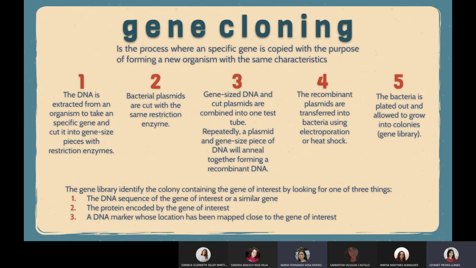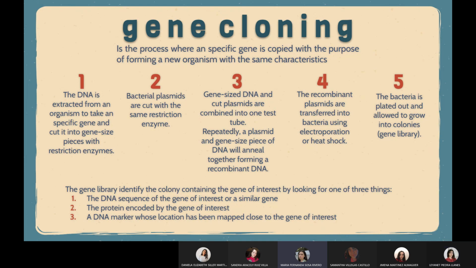The fourth one is that the recombinant plasmids are transferred into the bacteria with the use of electroporation or heat shock. The fifth and last one is that the bacteria are plated out and allowed to grow into colonies, and they are called a gene library.